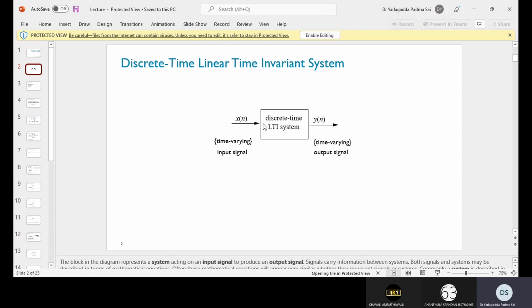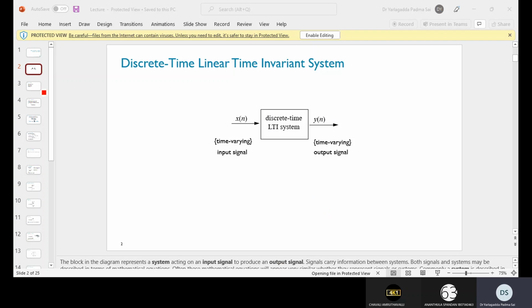I am applying some input and calculating my output. For example, you are applying input as x[n], I want to calculate y[n]. For example, you assume your system function as h[n]. Okay, y[n] is equal to x[n] convolved with h[n].